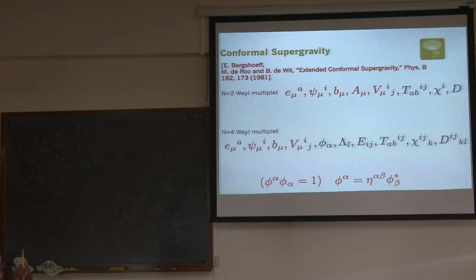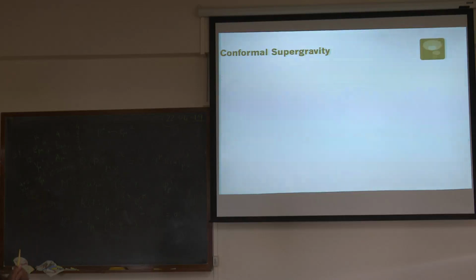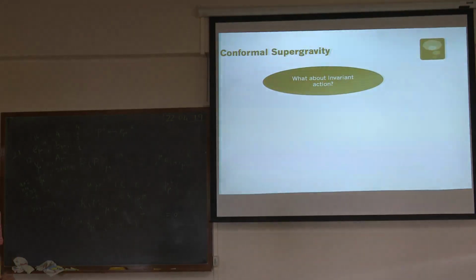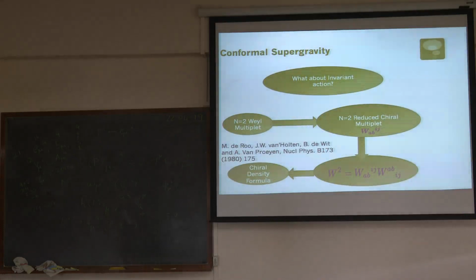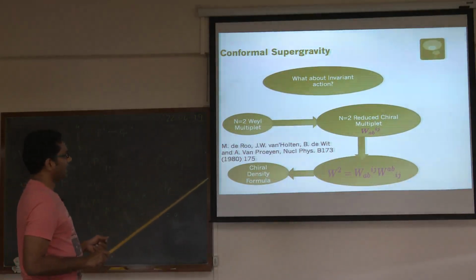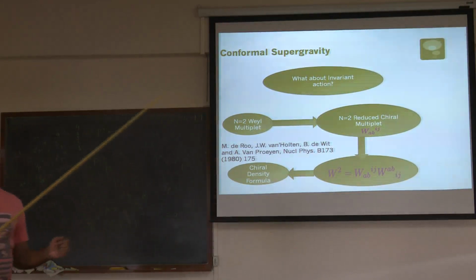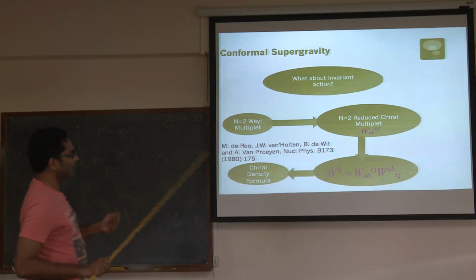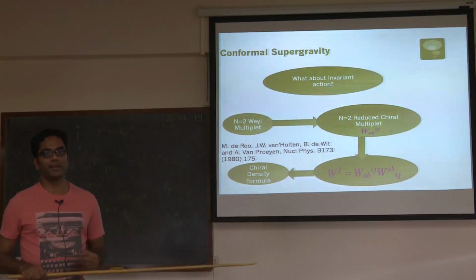Okay. So, that is the whole program, and one of the important parts of this whole thing is to construct invariant actions. For example, if you want to construct an invariant action containing the n equal to 2 Weyl multiplet, typically the way you proceed is you start with the n equal to 2 Weyl multiplet, and you take some combination of the gauge invariant objects of the n equal to 2 Weyl multiplet in such a way that they transform like a chiral multiplet.